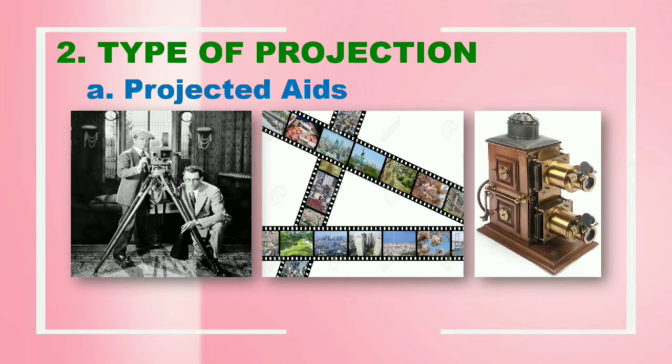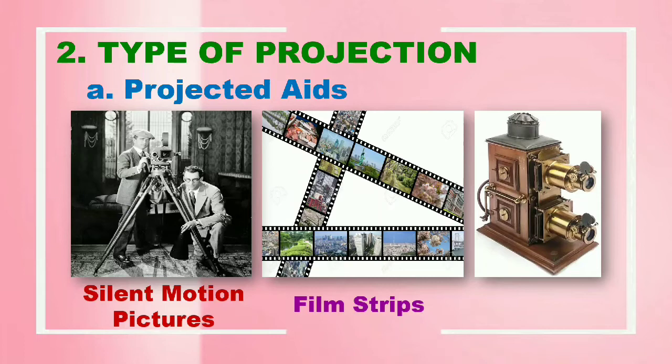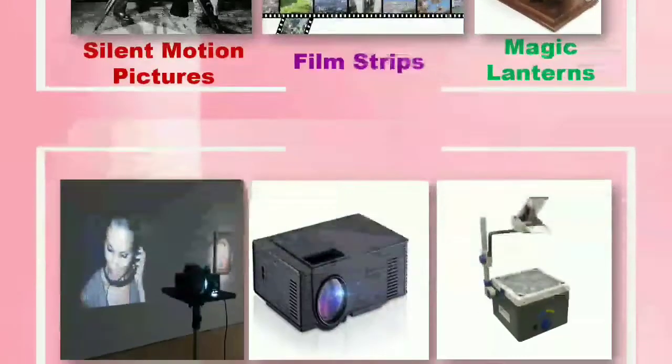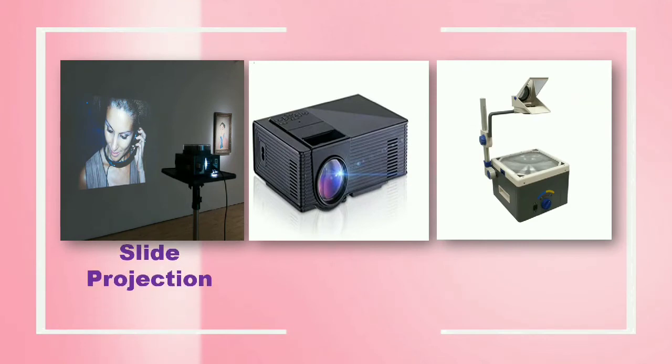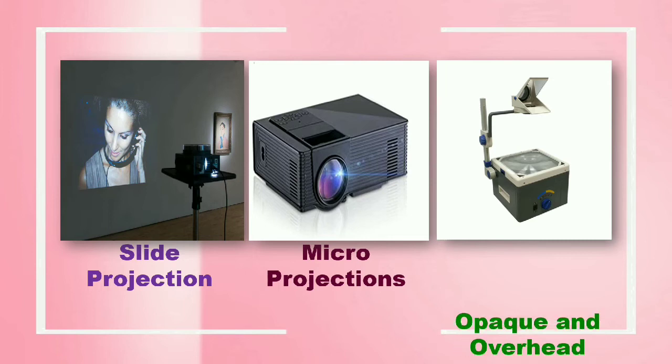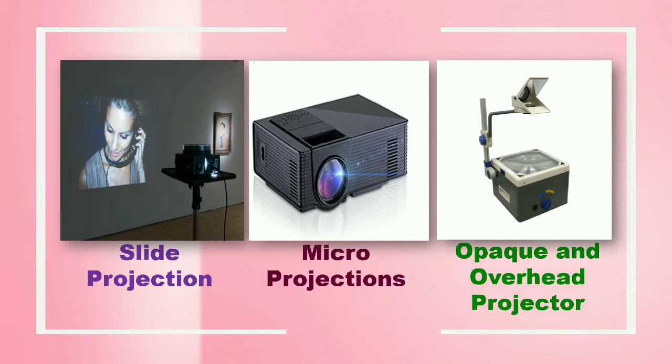So here are the common examples. Silent motion pictures, film strips, magic lanterns. We also have the slide projection, micro projections, and opaque and overhead projector.